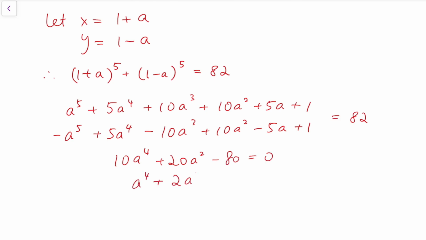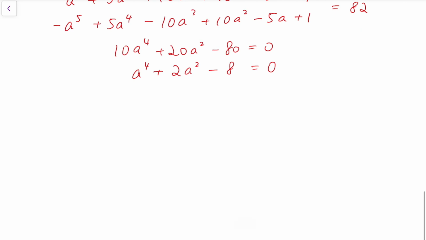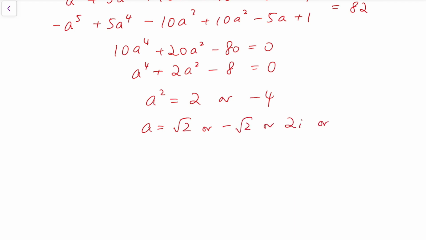In other words, a to the power 4 plus 2a squared minus 8 equals 0. So a squared is either equal to 2 or minus 4. And that means a is either root 2, minus root 2, 2i, or minus 2i.